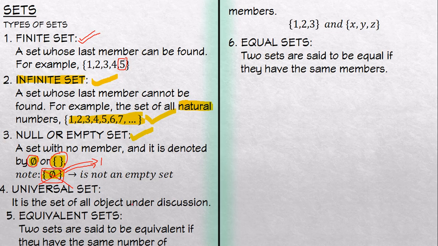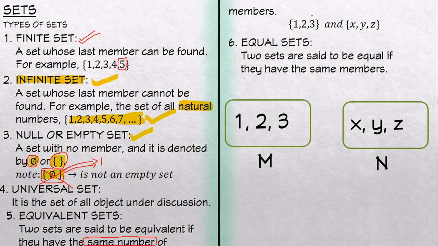Then we have equivalent sets. Two sets are said to be equivalent if they have the same number of elements. Take note, it says the same number of elements. So if the two sets have the same cardinality, for instance, consider these two sets over here.